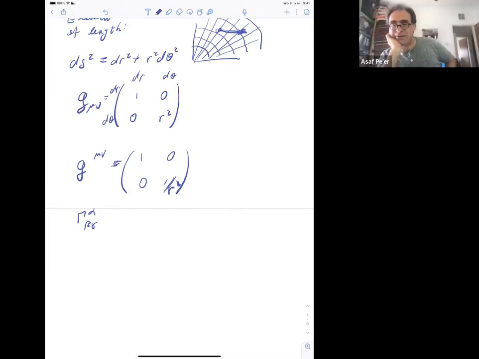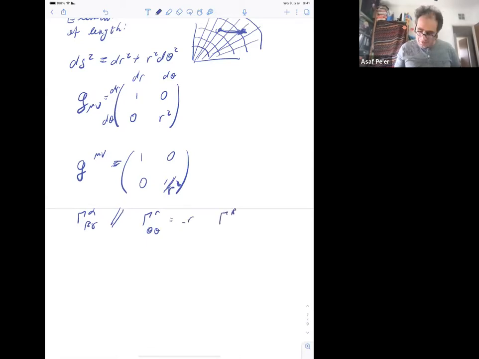Obviously, most of them are going to be zeros, because there is no dependence on theta here. Every time there is a derivative with respect to theta, it's automatically 0. Only 3 of them are non-zero. So check it at home. Gamma r theta theta is minus r. Gamma theta r theta is equal to gamma theta theta r; of course, it's symmetric. It's 1 over r. Everything else is 0.